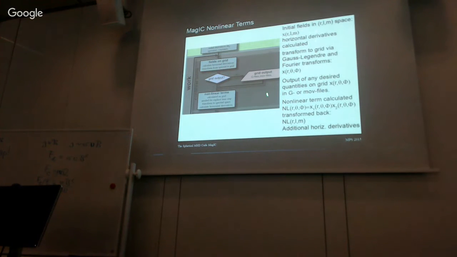Because what we do, I'll talk about that tomorrow, is we solve nonlinear terms on a physical grid. So once we have done that, and we have it present on the grid, we dump the output here. And we dump it in two types of files, which are called G files or WOF files. So G stands for graphics. And you will actually work with visualization codes that use these G files.